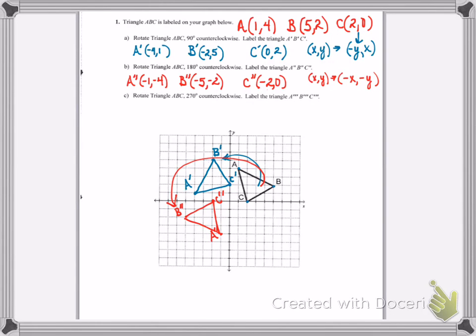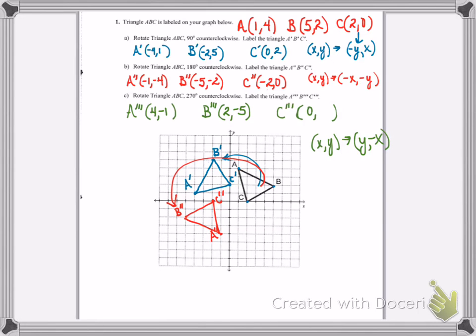Now we're going to do 270 degrees counterclockwise. So the rule for 270 counterclockwise is to switch the y and the x and to take the opposite of the x. So the new ordered pair for A would be at 4, -1, B would be at 2, -5, and C would be at 0, -2.